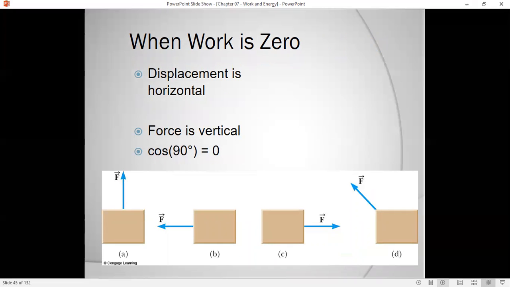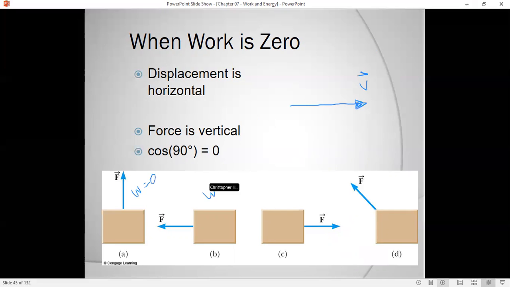So again, look at these different cases that we have right here. I have all these different cases, and we're going to say our displacement is horizontal. We're moving in the positive x direction. What should my work be for each case due to that force? First case is easy. Work is zero because it's perpendicular to the direction it's traveling.